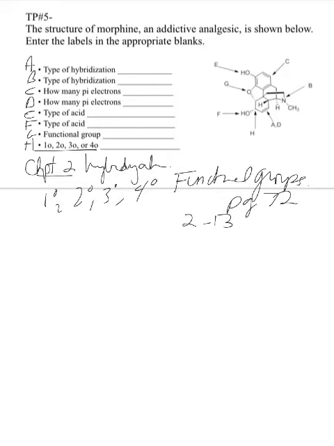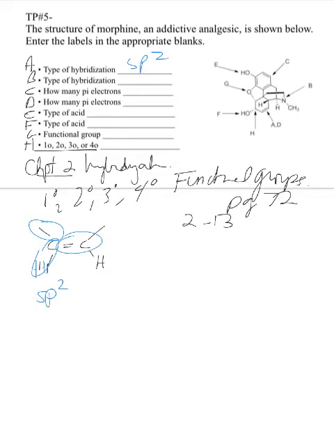So when you draw an alkene, this carbon is connected to 1, 2, 3 things, sp2. So you can just add your superscripts. So this is sp2 hybridization.